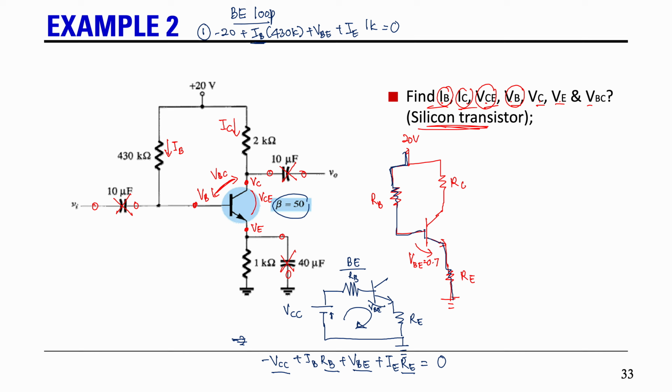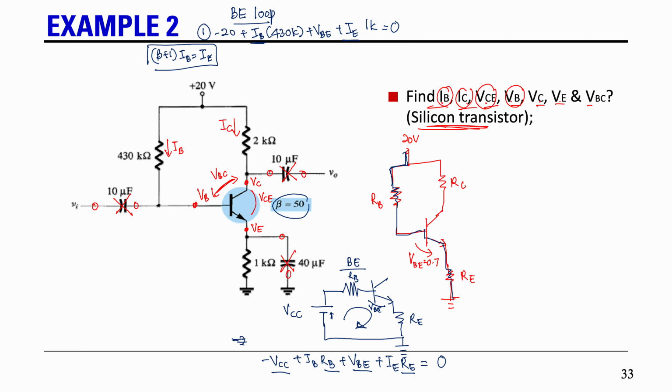So what we can do is simplify this by substituting beta plus 1 times IB equals IE, right? So these are from the main formula. We substitute inside this.